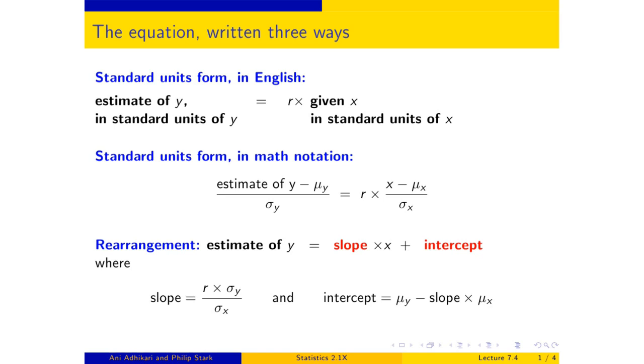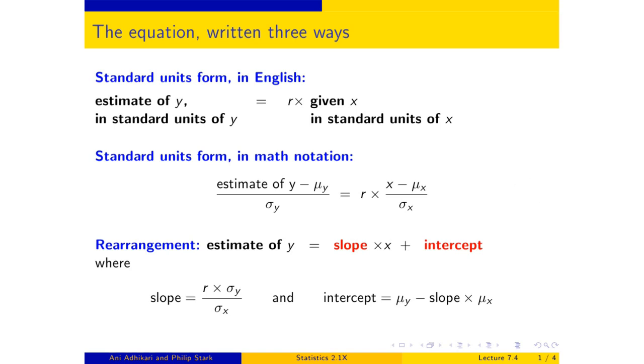Those of you who are good at algebra will have worked this out in your head already, and those of you who don't want to bother with the algebra, don't bother with it. You already know how to make the estimate. And so what has been written here, the third form, is exactly equivalent to the second form, which is exactly the same as the first form. You remember the equation any way you wish.